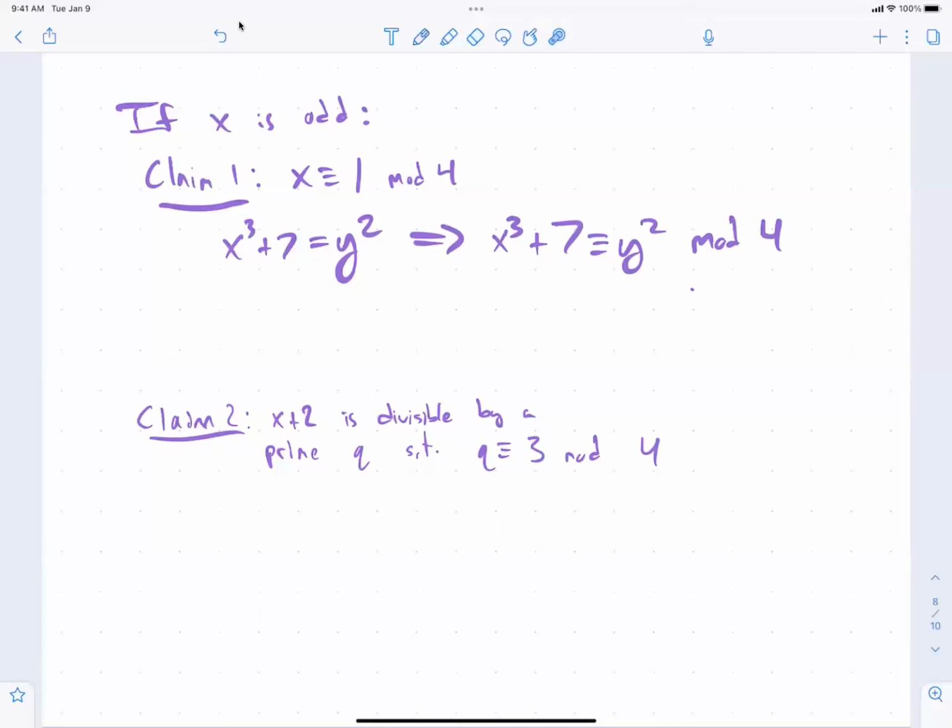Since x is odd, either x is 1 or 3 mod 4.